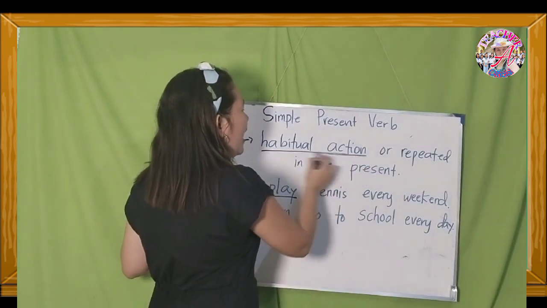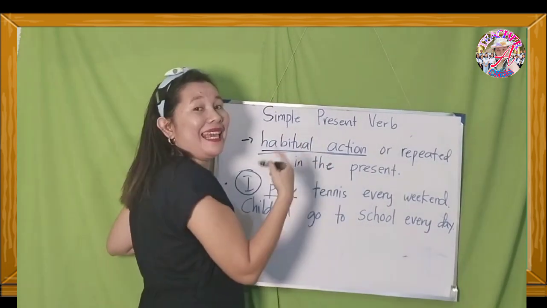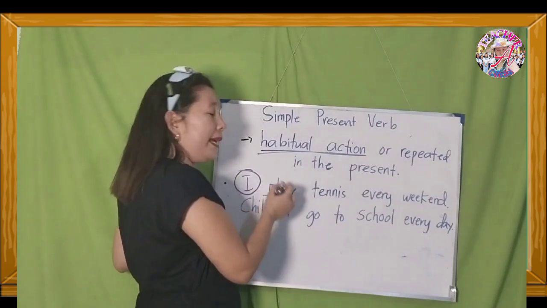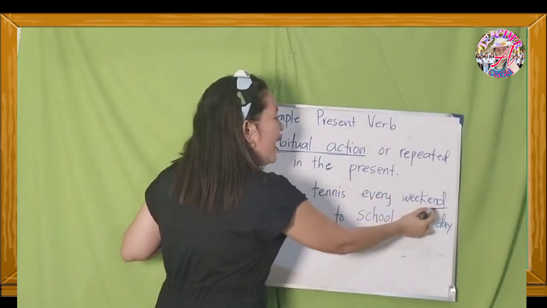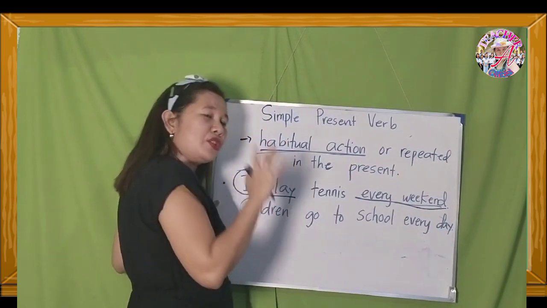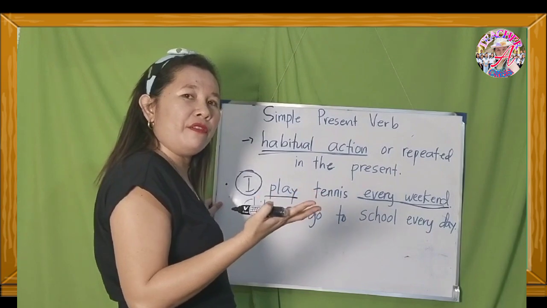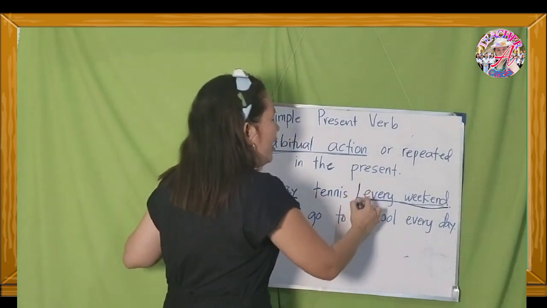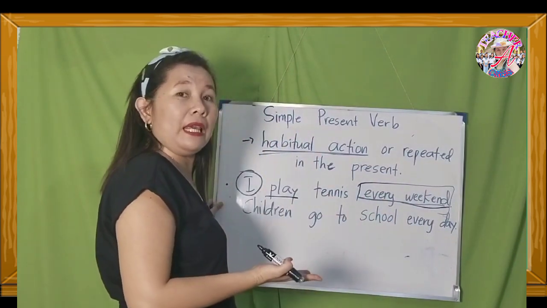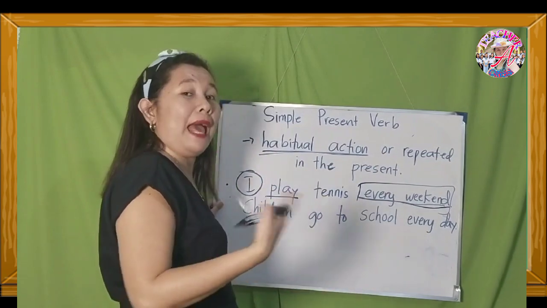This is a habitual action because it is indicated that the person plays tennis every weekend. So, one of the indicators of a simple present verb is using every weekend, every day, every morning, every Tuesday. That is repeated or habitual action.